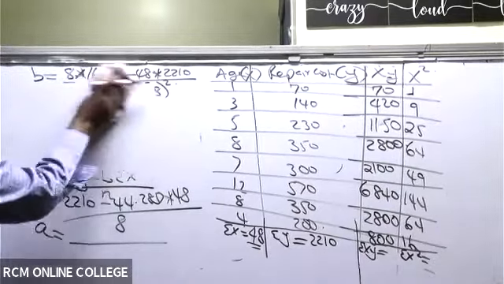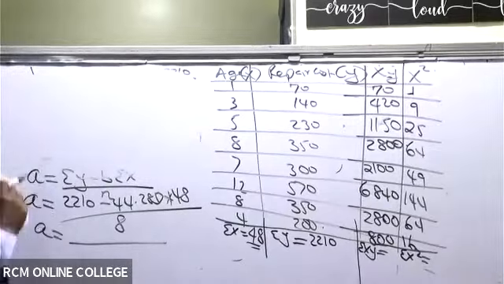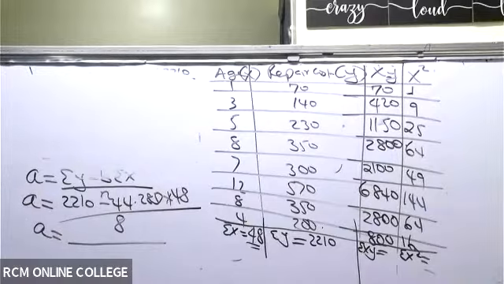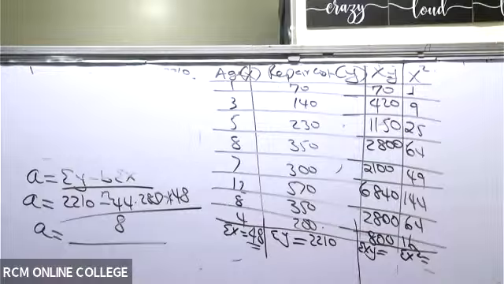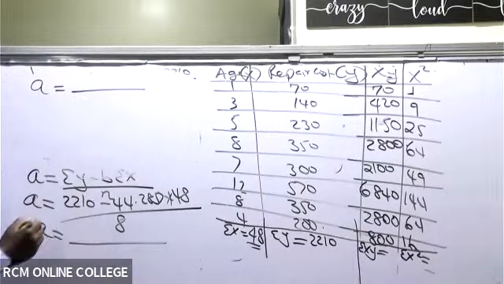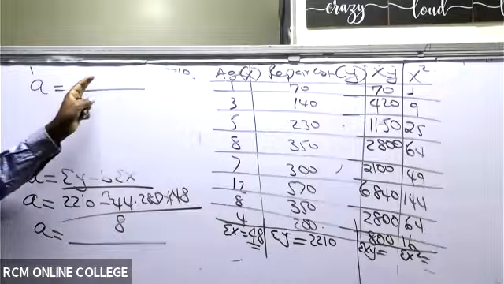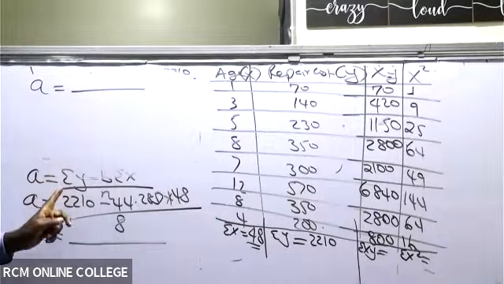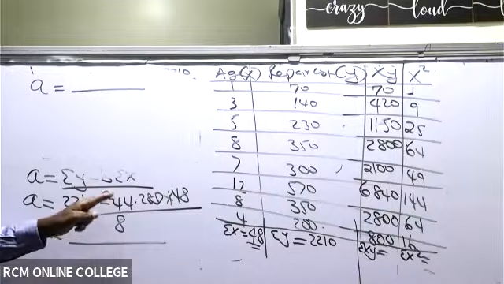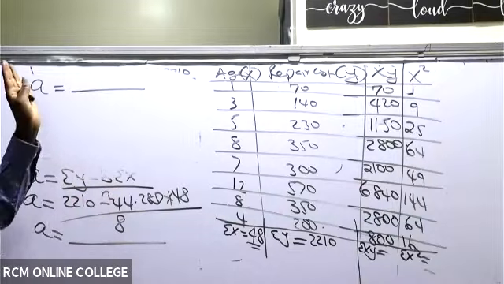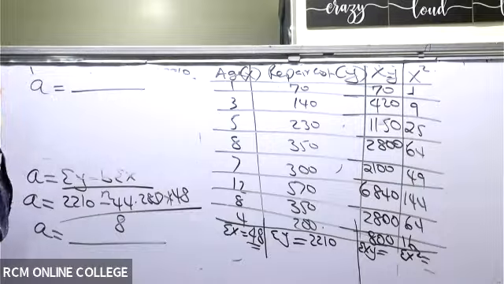To get the numerator, we take 2210 minus 44.2857 times 48. First of all, write that separately. I'm waiting to hear from you, Kevin.